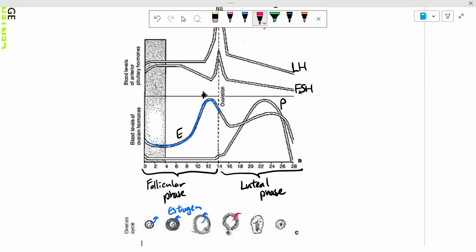And you should know the corpus luteum releases progesterone. That's why there's no progesterone at the beginning, but then it goes up, it peaks over here, increase in progesterone. Now, what's the relationship between progesterone and FSH and LH? If progesterone goes up, what's going to happen to the FSH and LH?